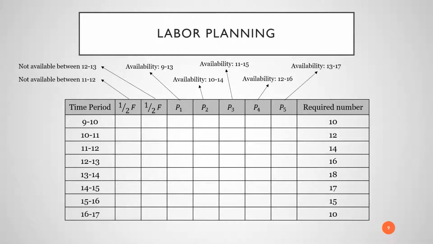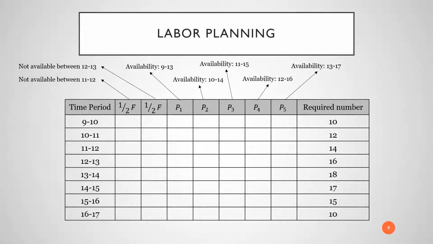What we will do is to split the full-timers into 2 groups with the same number of employees, equal to half of them. The first group is not available from 11 to 12, and the second group is not available from 12 to 13. Also, the part-timers will be categorized in 5 groups based on their availability, which are shown from P1 to P5 in the table.